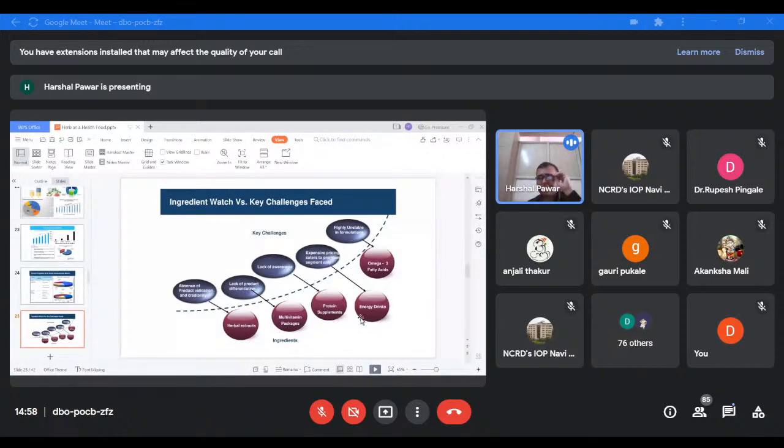These are the challenges which are faced, especially during the development and design of functional foods and nutraceuticals, especially in the case of herbal extracts. The basic problem which we are facing is standardization of herbal extracts and validation of the products prepared using the herbal components.